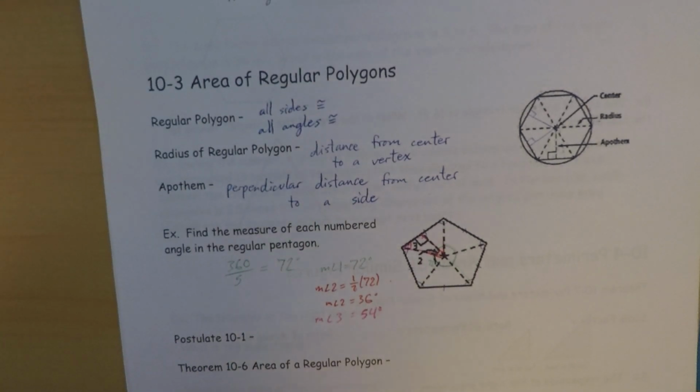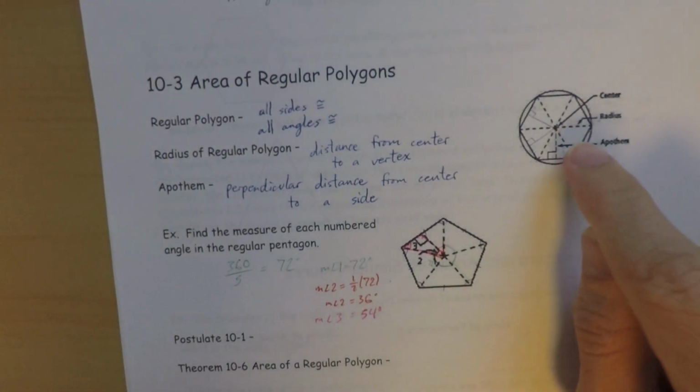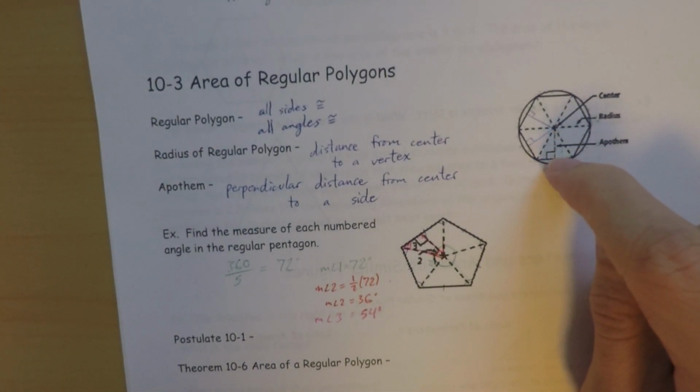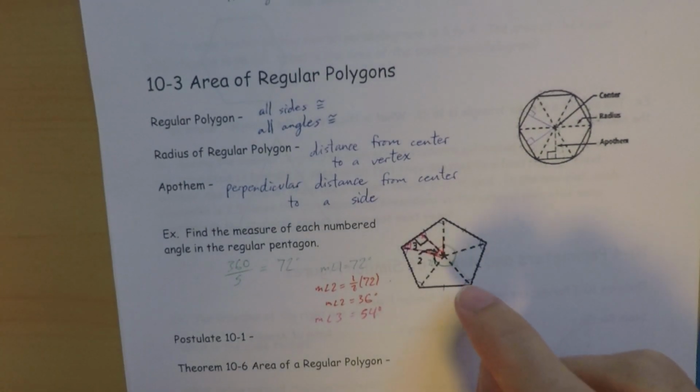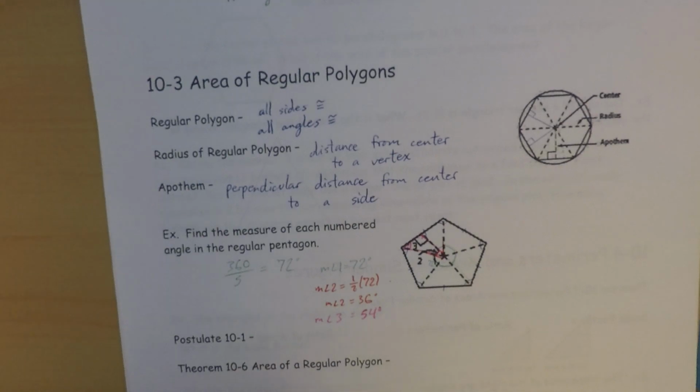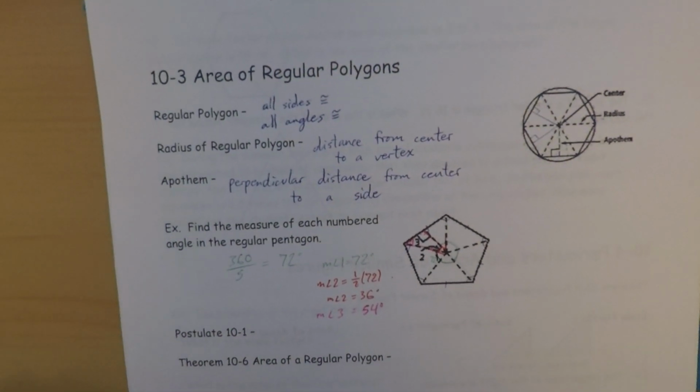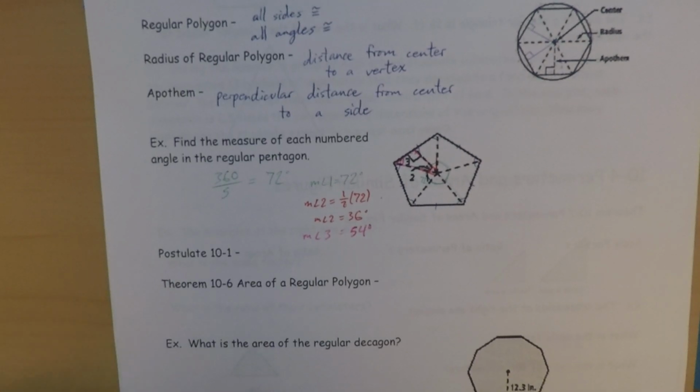Okay, so at this point we've talked about regular polygons. I've introduced 2 new measurements in a regular polygon, the radius and the apothem. We found some angle measurements in our regular polygon, but we haven't found the area of any figure yet. Well, that's what we've gotten to now. The one nice thing about the area of any regular polygon is we're just going to have one formula for the area of all polygons.